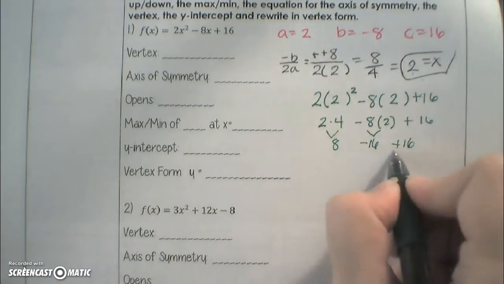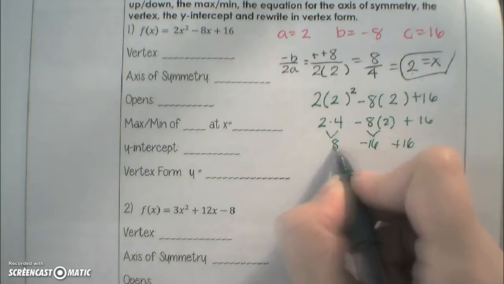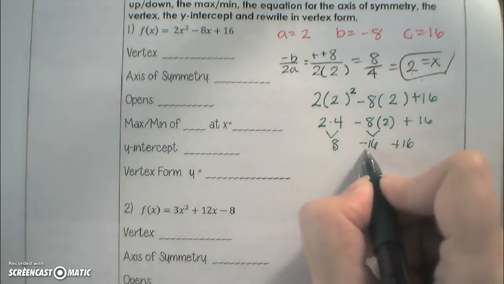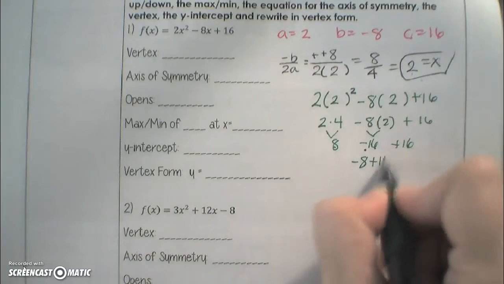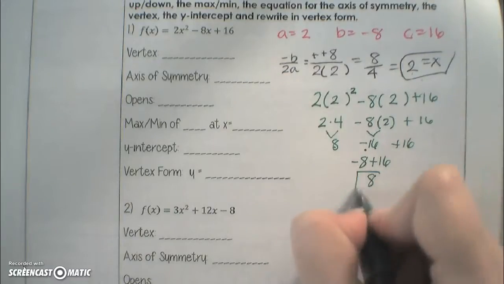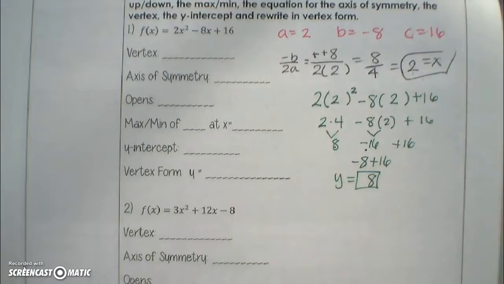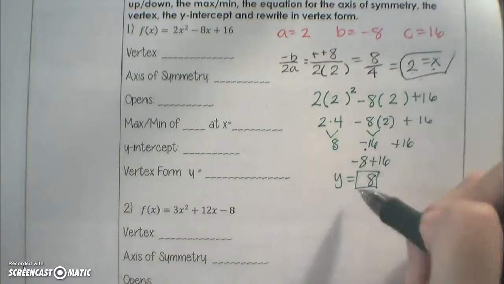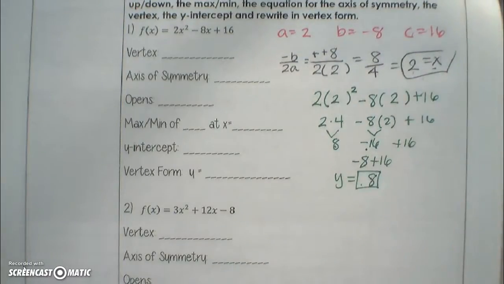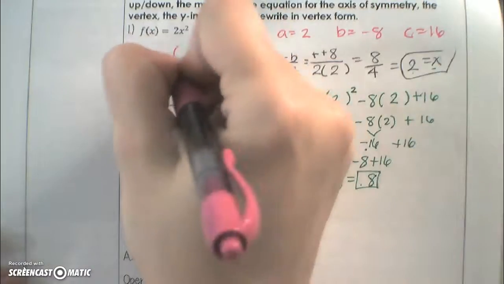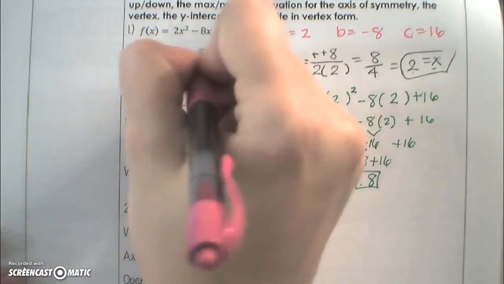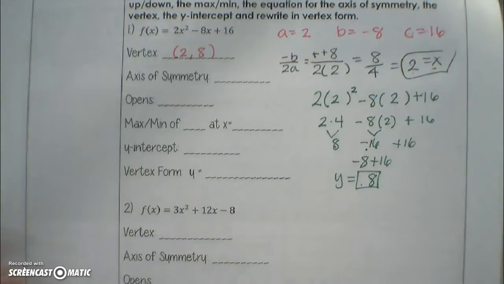Go from left to right adding. So 8 minus 16 is negative 8. Plus 16 is 8. So this is my y value. So now that I have my x and my y, I have an ordered pair. I have my vertex. So 2, 8 is my vertex.